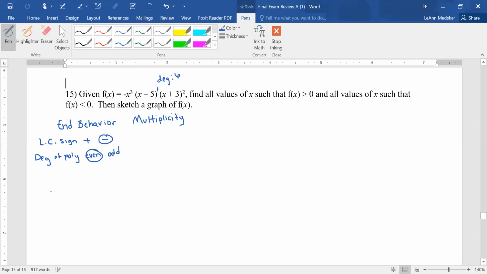So here's what we know about end behavior. If your polynomial is even degree overall, that's the highest degree in the polynomial when we're listing it in order, then our end behaviors are heading in the same direction. So at the infinities, we're going both to positive infinity or both to negative infinity. If our degree was odd for the highest power, then we would be heading in opposite directions.